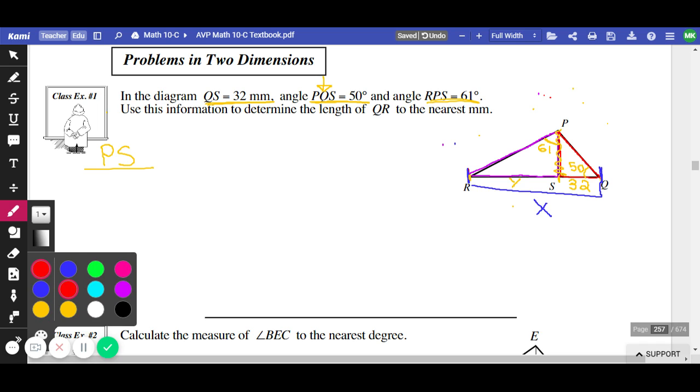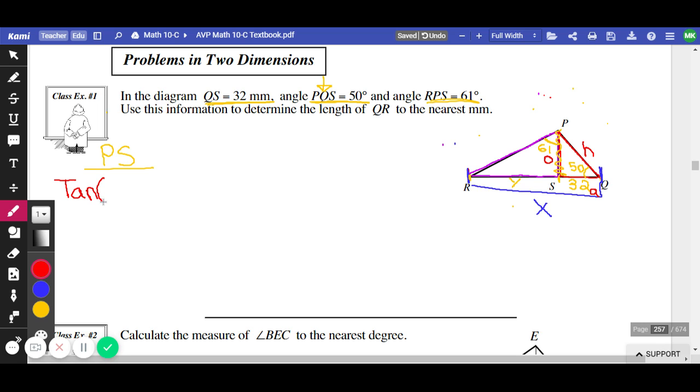You need to label your red triangle. So opposite is over here, adjacent is down here, hypotenuse is there. You're going to do Sohcahtoa. When you do Sohcahtoa, you end up doing tangent of 50 equals opposite, which we don't know, divided by your adjacent, which is 32.